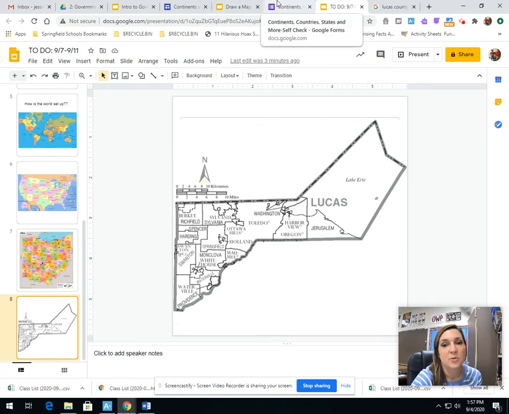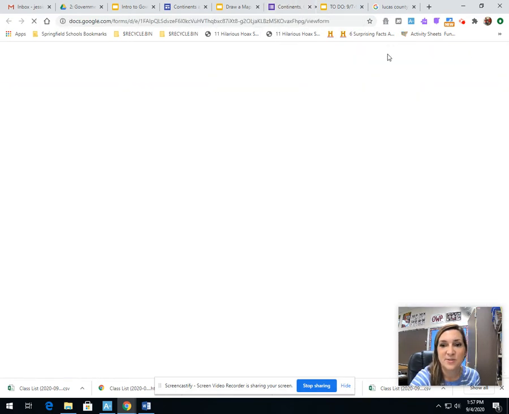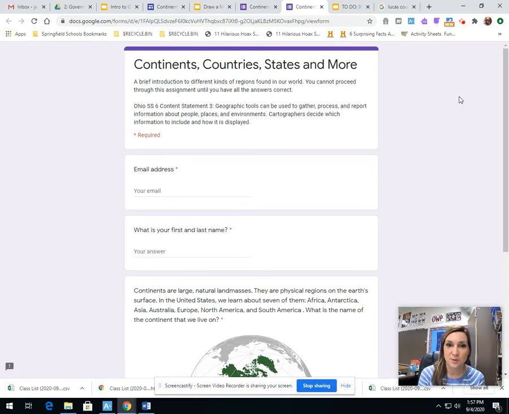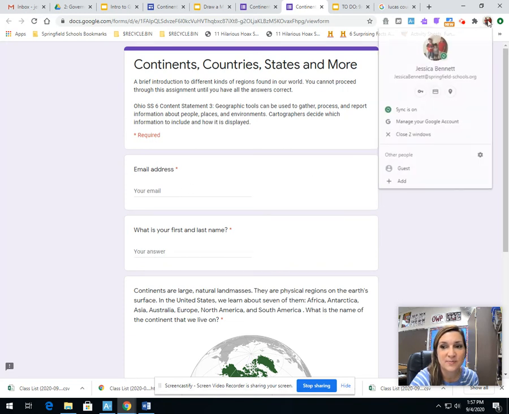So from here, we're going to try our first self-checking Google form. You are going to notice a Google form that is posted in the classroom that should look something like this. Anything with an asterisk is required, so you want to enter your email address. If you ever struggle to find your email address, find your circle.